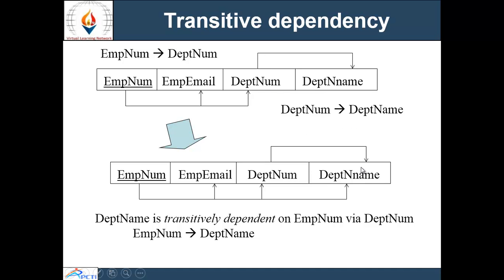Now you can derive that department name is transitively dependent on EMP number. This is the transitive dependency. It means if B is dependent on A and C is dependent on B, then you can state that C is also dependent on A.